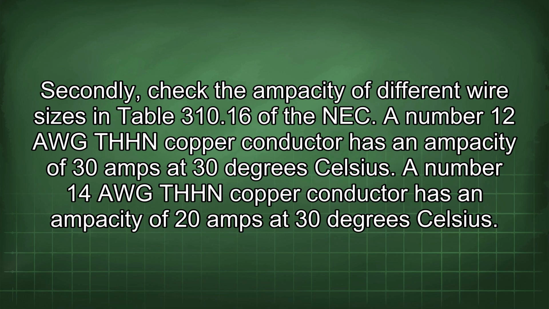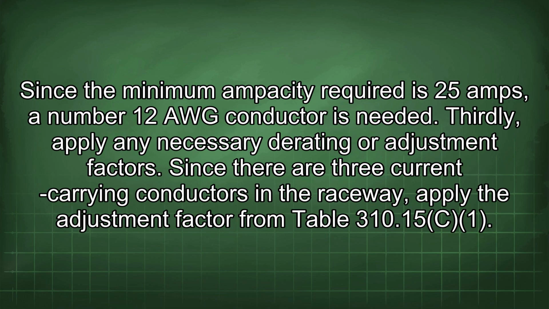A number 12 AWG THHN copper conductor has an ampacity of 30 amps at 30 degrees Celsius. A number 14 AWG THHN copper conductor has an ampacity of 20 amps at 30 degrees Celsius. Since the minimum ampacity required is 25 amps, a number 12 AWG conductor is needed.